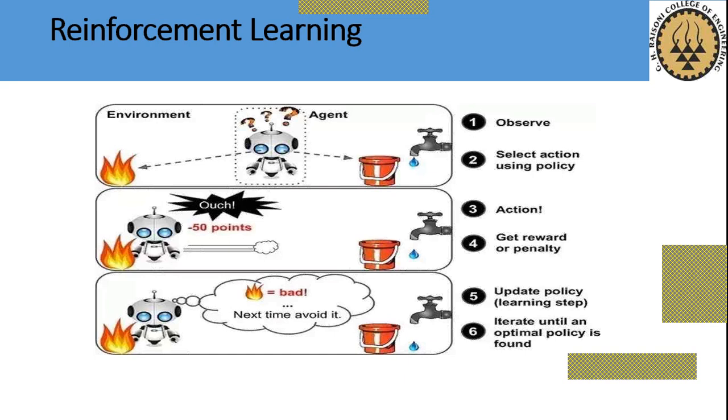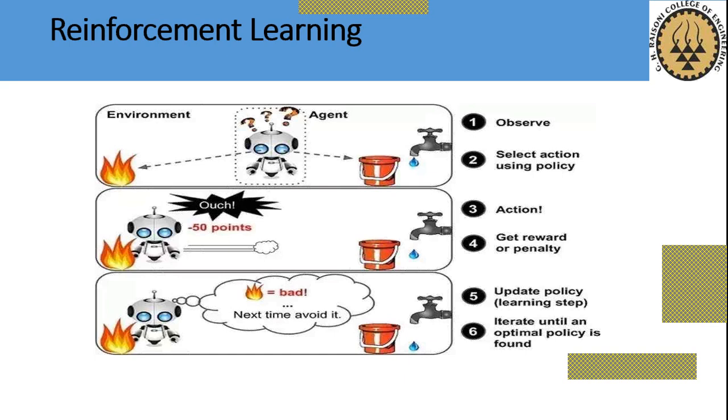So it gives him the knowledge that whenever he moves to the left hand side and there is a fire, he is getting punishment. So he keeps in his mind, or in his knowledge or database, that whenever there is a fire, it is bad.